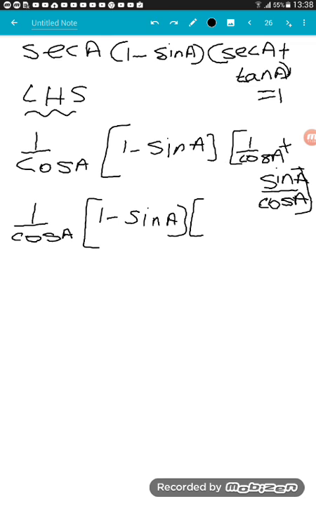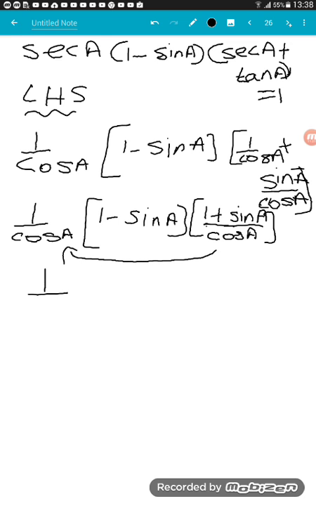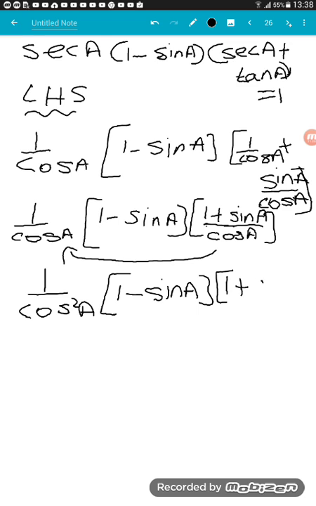So it will become 1 plus sin a by cos a. Now this cos a you can multiply with this cos a, so it will become 1 by cos square a, and this will be 1 minus sin a, and this will be 1 plus sin a.